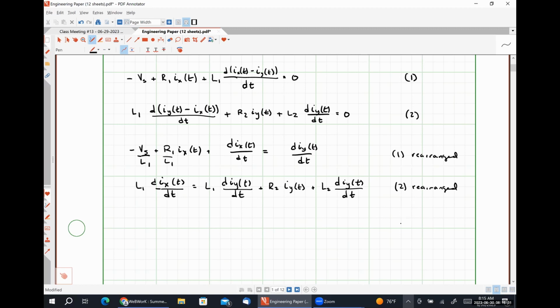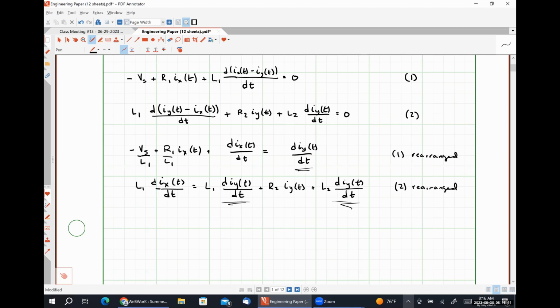So what I'm thinking about doing is taking the derivative of equation 2 rearranged, because the problem I'm facing is that I have something for the derivative of Iy, which is great because I could plug that in here and here. But what I don't have is a relationship for just Iy by itself. And generally speaking, I try to avoid doing integration if at all possible.